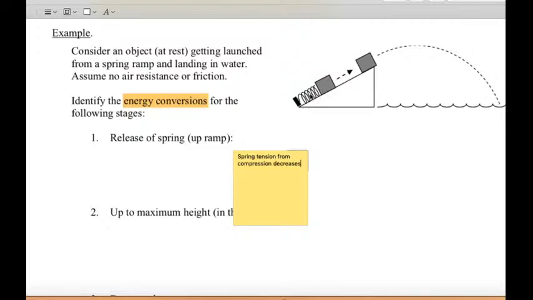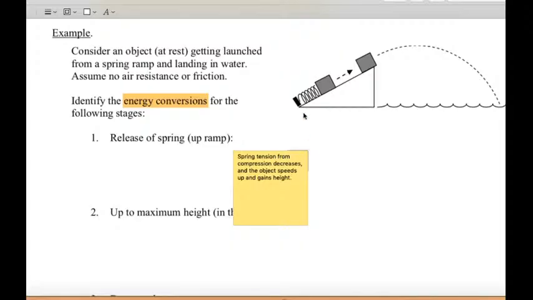Once it's released, we're going to get that force of the spring pushing it out, and we're decreasing the compression. Here we're looking at energy though, so as that spring tension decreases, the energy stored in the spring will be decreased. But as that happens, the energy is being transferred to the box as the object speeds up and gains height because it's going up the incline.